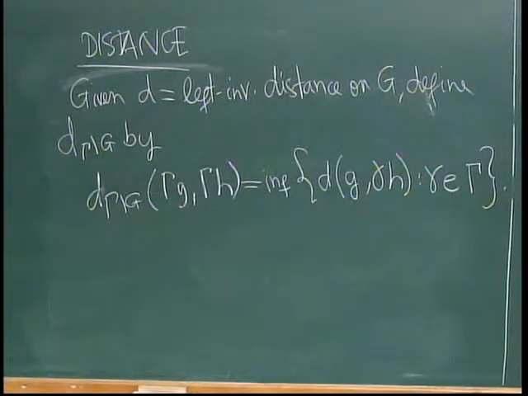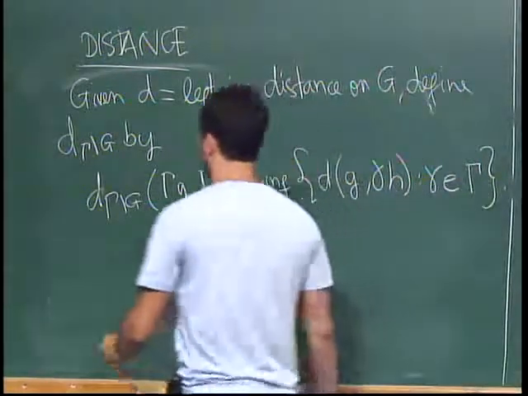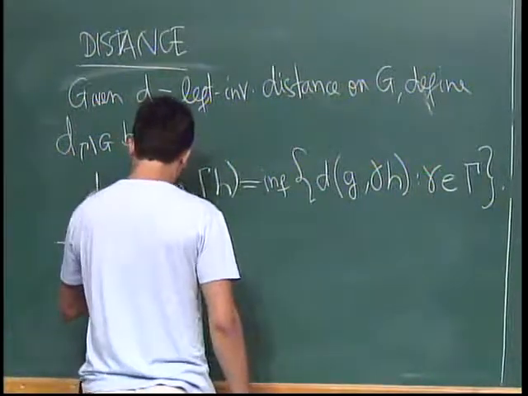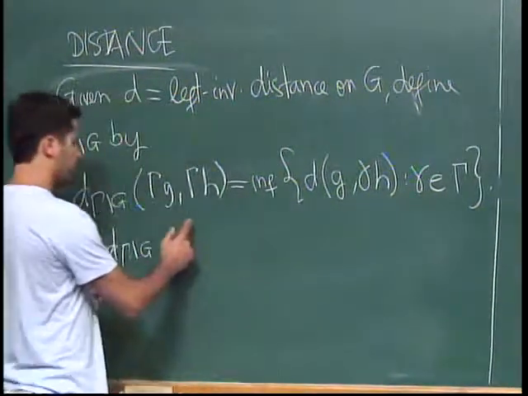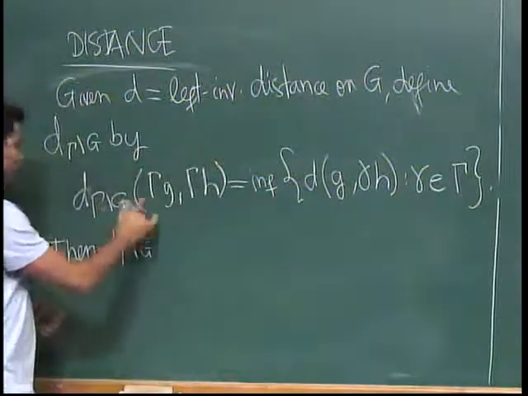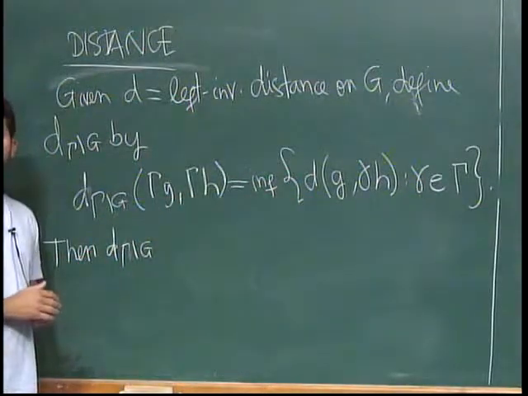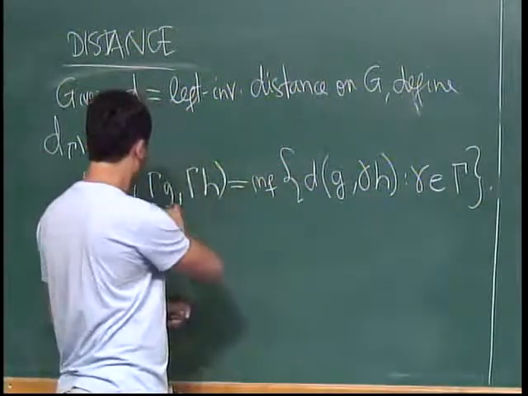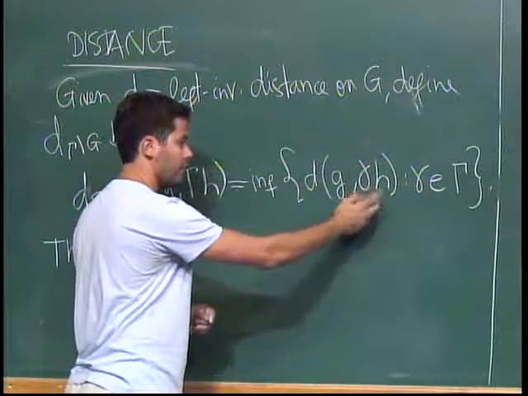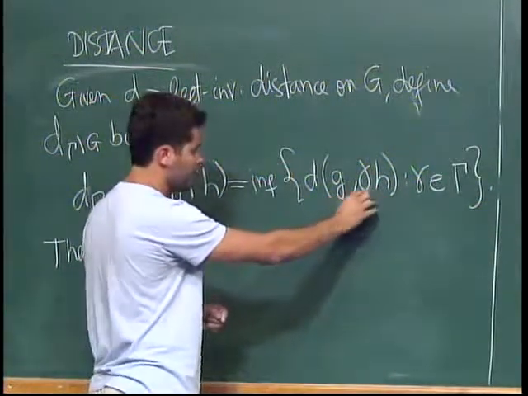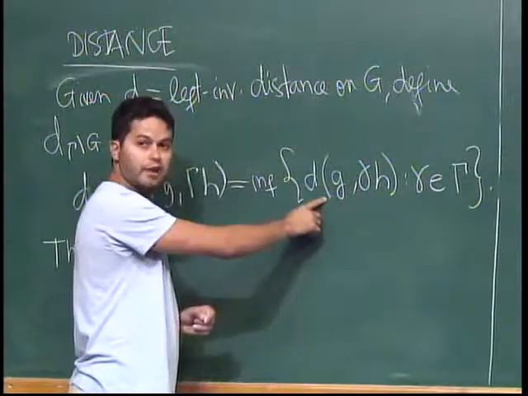Okay? So with this definition, and here is where we are using the left invariance of the distance D. For example, how do you show that this is symmetric? Well, you write it with G exchanged by H, and then you send the gamma to the left side.